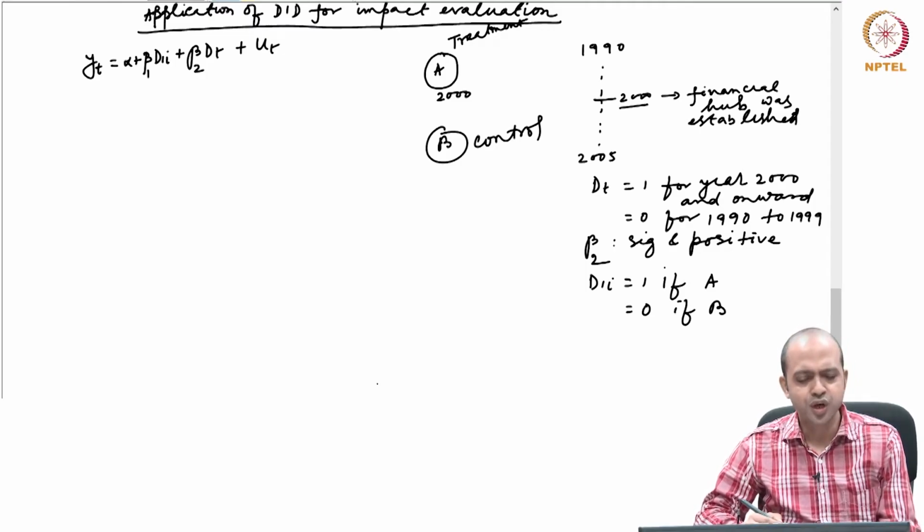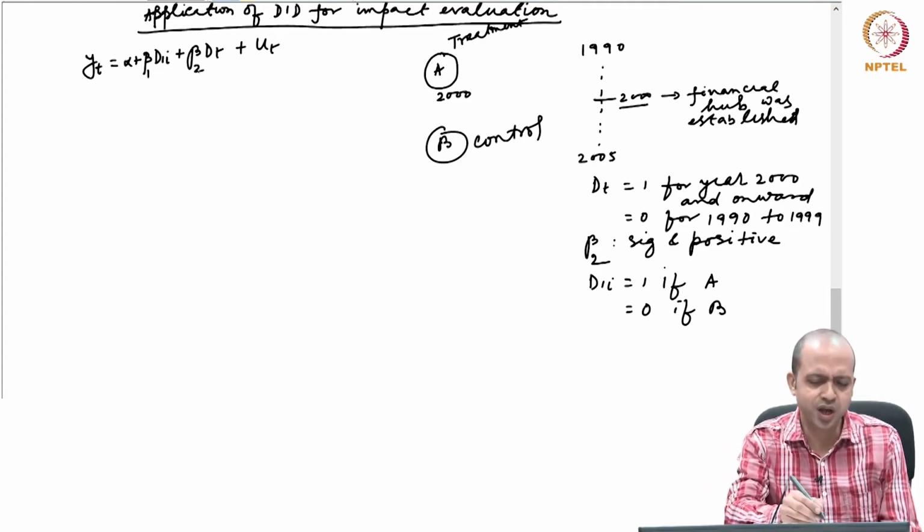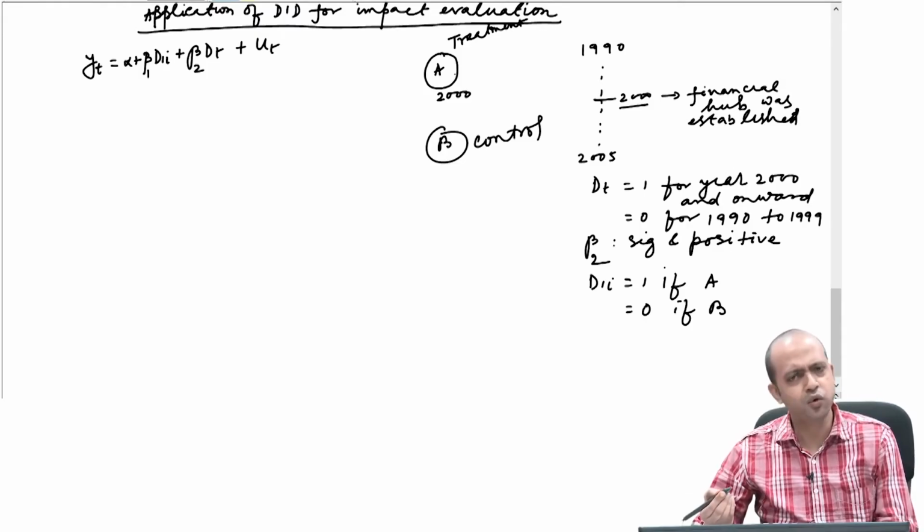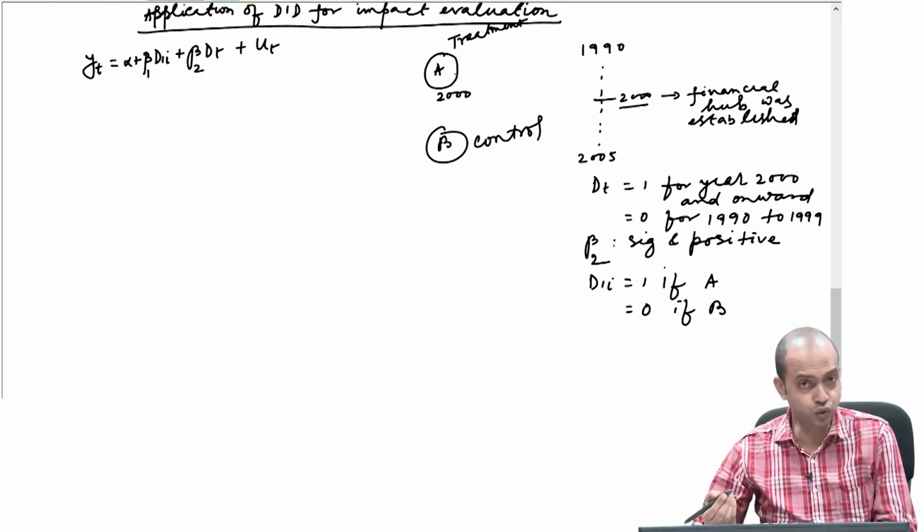Why is this wrong? Because it may so happen that even before setting up the financial hub at place A in 2000, real estate price in place A was higher than pre-financial hub setup also. This is possible, you do not know.